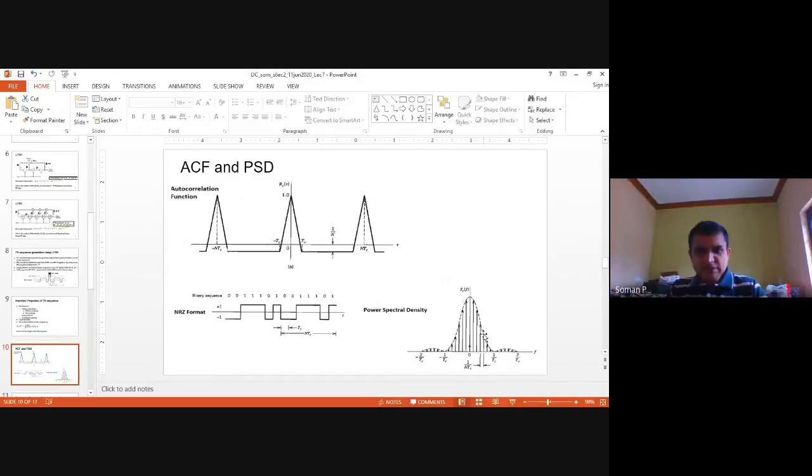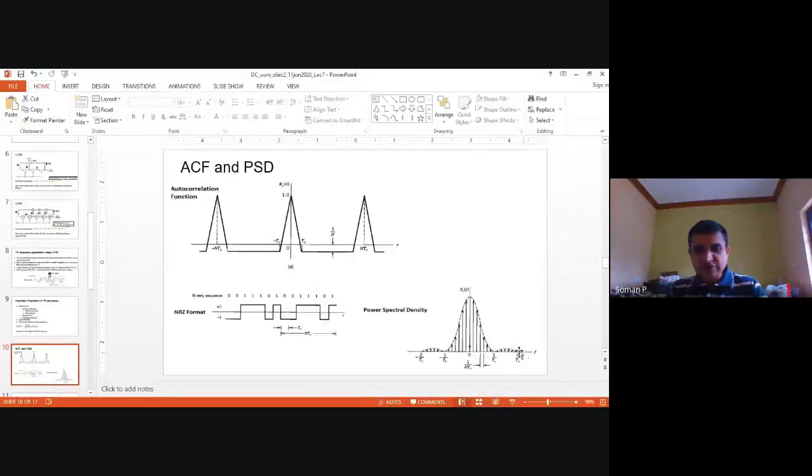Another important thing is power spectral density. How will we find this out? The Fourier transform of the autocorrelation function is the power spectral density. If you see, its PSD has a DC component, that is, for frequency 0 it has the highest amount, and it goes to 0 at 1 by Tc, and again at 2 by Tc.